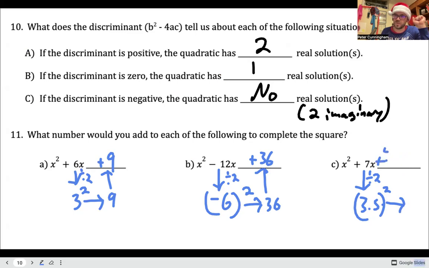I'll just leave it as 49 over 4 for now. But in your calculator, it was probably a good idea to have that handy. All right, 49 divided by 2, 24.5 divided by 2, 12.25. This is what happens when I don't bring my calculator.